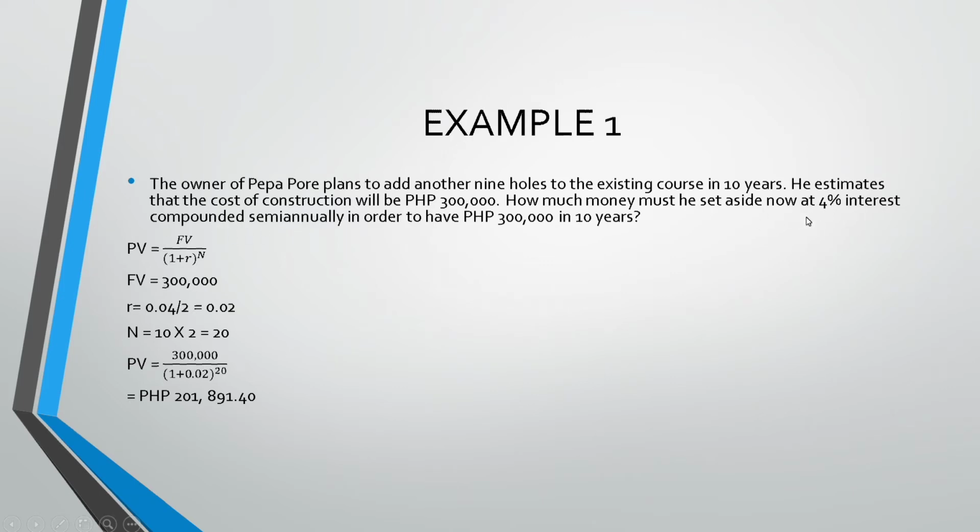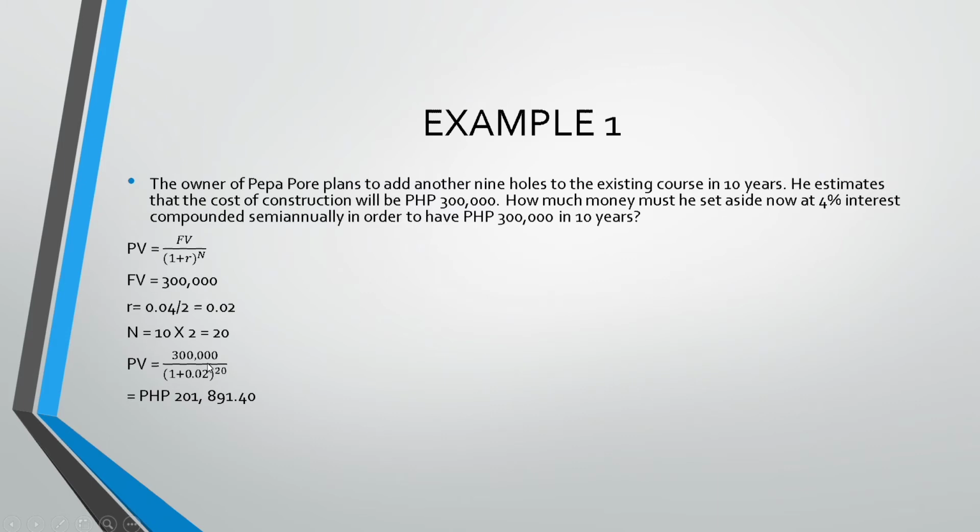Therefore, dividing 0.04 by 2, you will have 0.02. For the N, we have 10 years, multiplied by the compounding periods, which is semi-annually. So 10 times 2 is equal to 20.